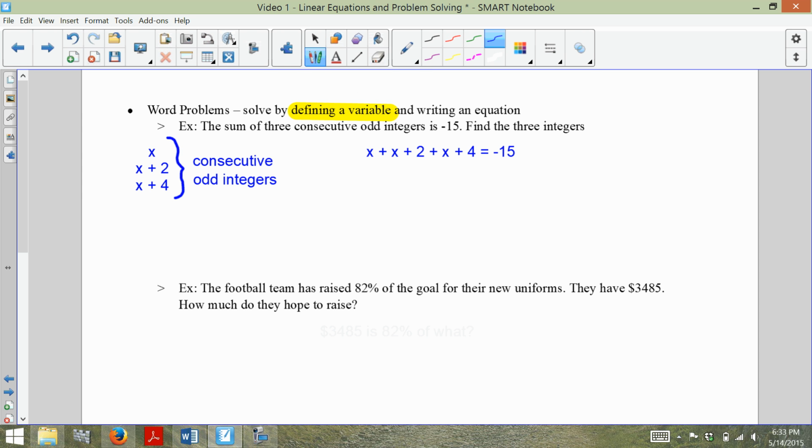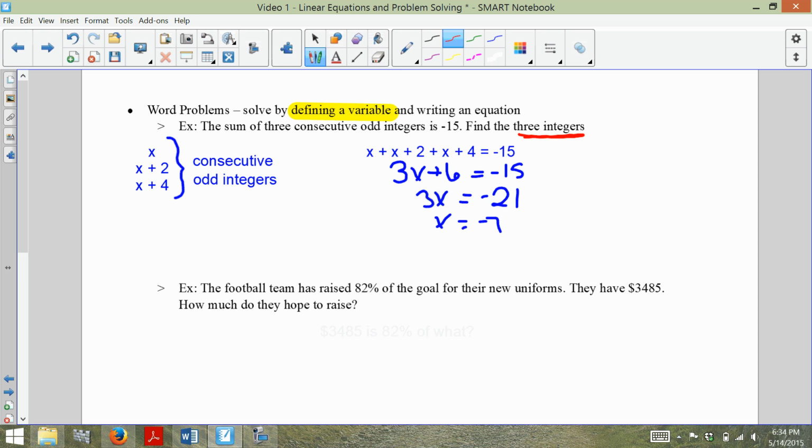So from here, we're just going to finish up solving this problem. I'm going to combine like terms. We get 3x plus 6 is equal to negative 15. I can subtract 6 on both sides. That's going to give me 3x is equal to negative 21. And then divide by 3, and so x is equal to negative 7. Now, keep in mind that the question was asking for all three integers, so one's not enough.